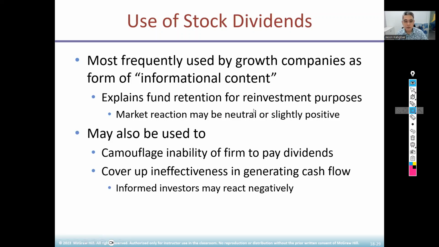Now, what is the use of stock dividends? Basically, long story short, in case the company does not have cash, remember our example a while ago, you have 15 million of retained earnings, but you only have 500,000 in cash because everything is tied up somewhere else.